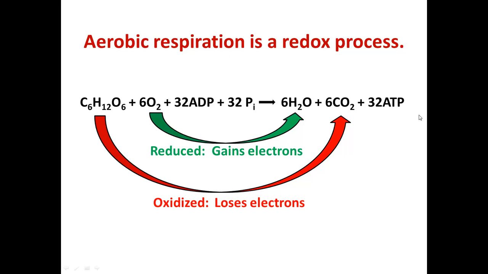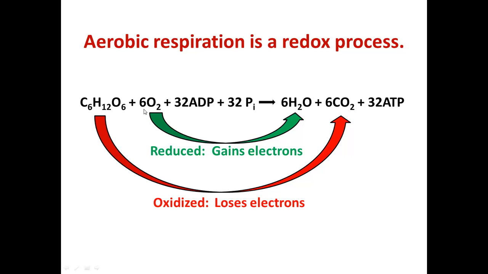So this shows the overall equation for aerobic respiration. You can see a molecule of glucose, C6H12O6, plus 6 molecules of oxygen, plus 32 molecules of ADP, plus 32 molecules of inorganic phosphate, yields 6 molecules of water, plus 6 molecules of CO2, plus 32 molecules of ATP.